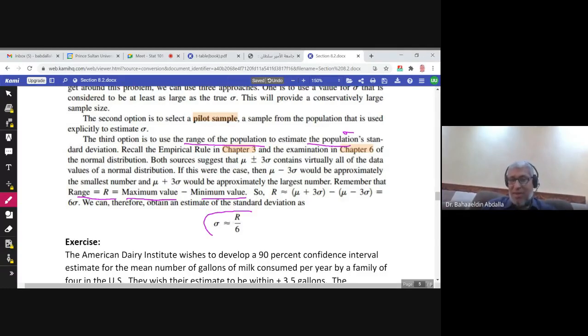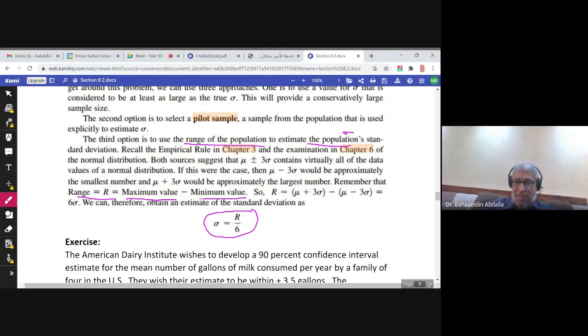How? Sigma is approximately the range of the population over 6. Why is that? Because we said that if you go 3 standard deviations to the right of the mean and 3 standard deviations to the left of the mean, you will almost have all the data there. So usually if you divide the range over 6, you will get sigma. It's an approximation for sigma.